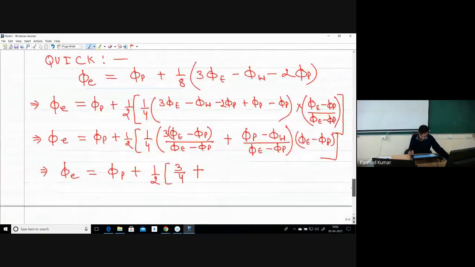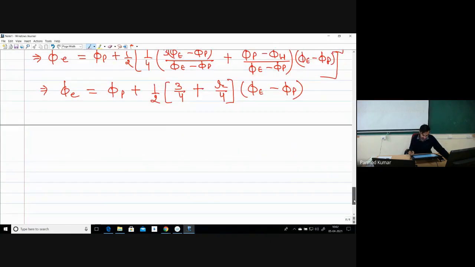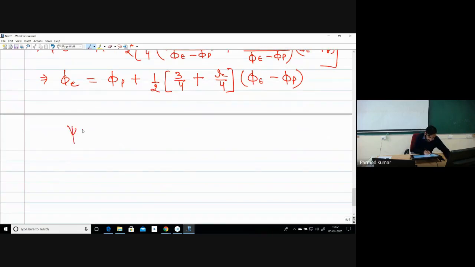So I can write 3 by 4 plus r by 4 into phi E minus phi P. So for the QUICK scheme, psi of r is equal to 3 by 4 plus r by 4.